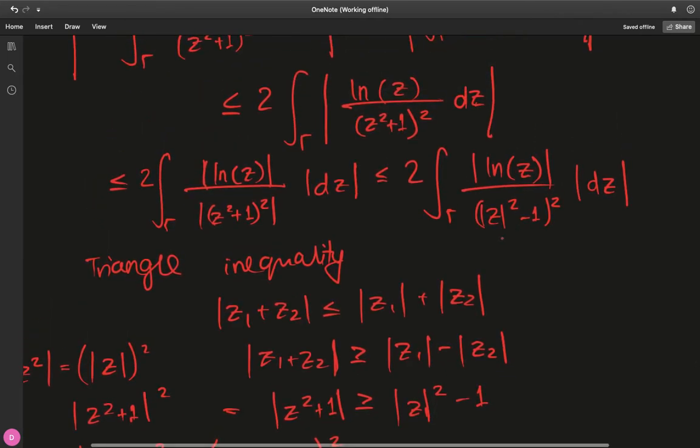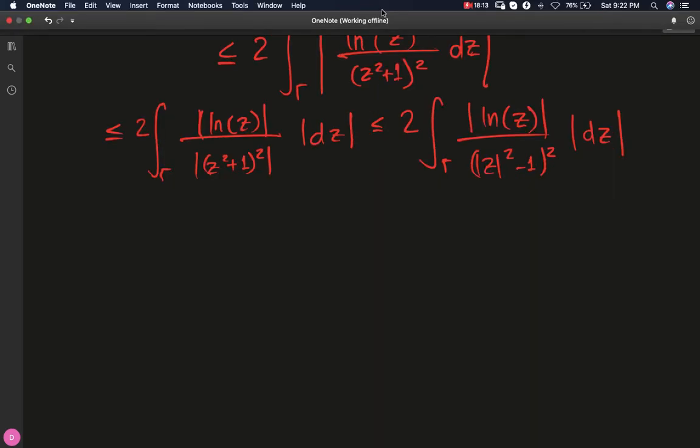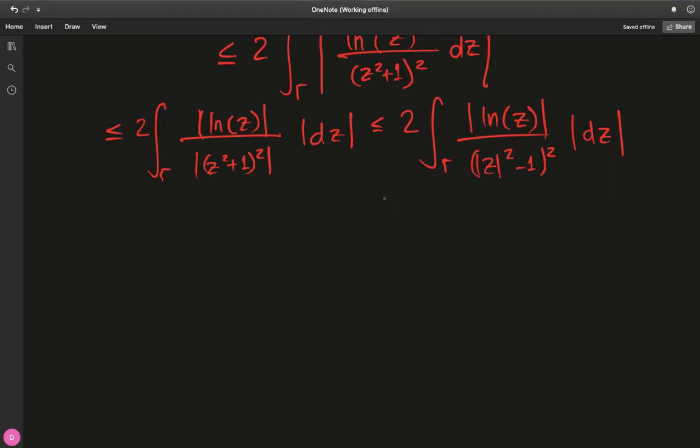Fair enough. Now it's actually time to consider parameterizing this expression. For parameterizing we need to know how the path gamma was. So gamma was this semicircular arc, right? And we can parameterize this by saying let z equal to, what's the radius of this thing?